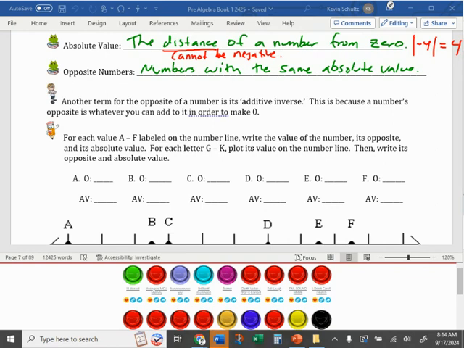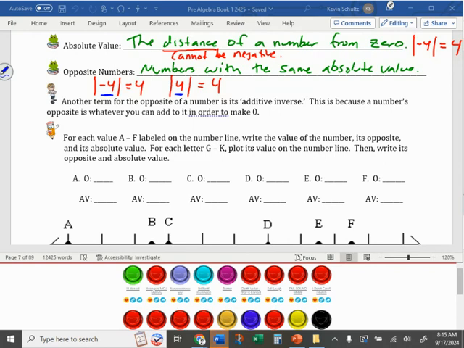Or, put it another way, two numbers that are the same distance away from 0. So going back to that -4 piece, the absolute value of -4 is 4, right? The absolute value of +4, how far away is +4 from 0? 4. And so -4 and +4 are opposites, right? They're the same distance away from 0 on the number line.